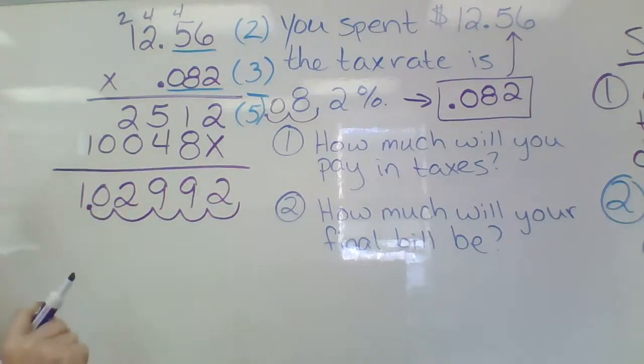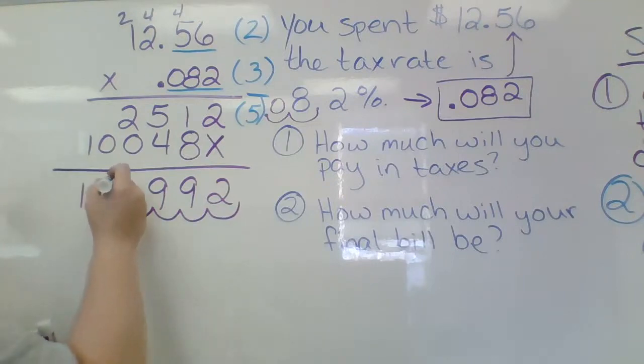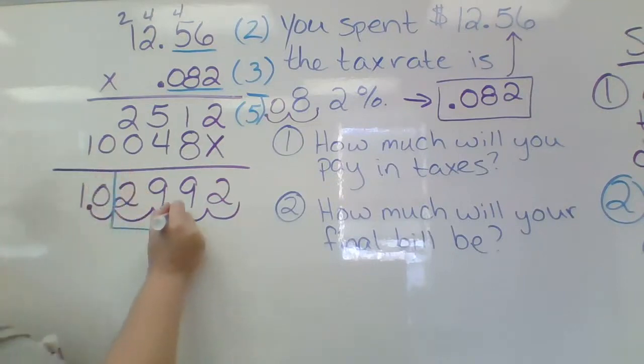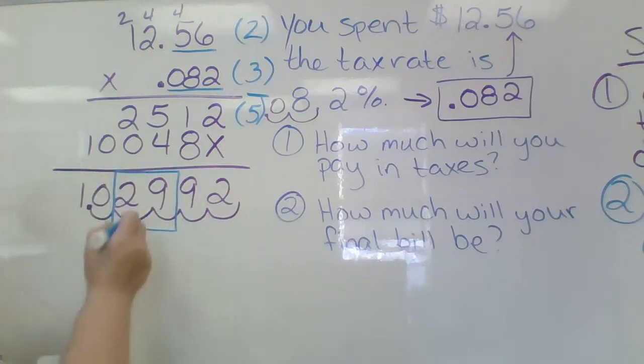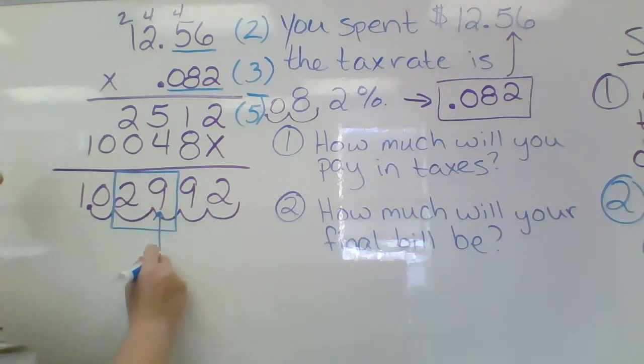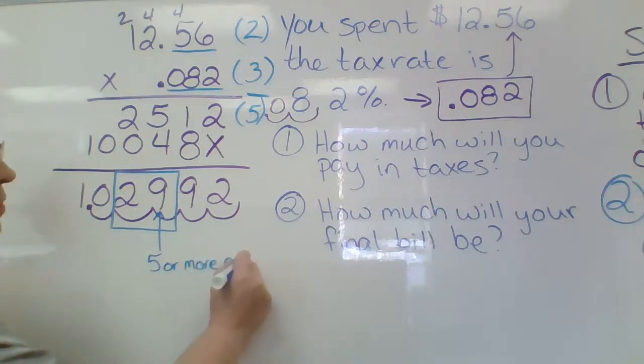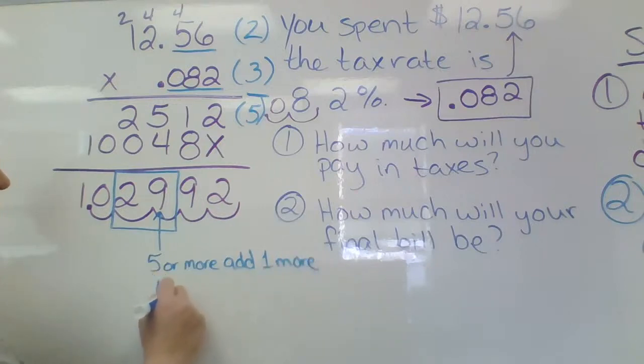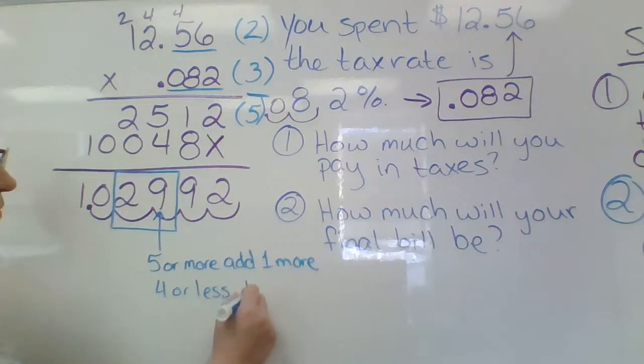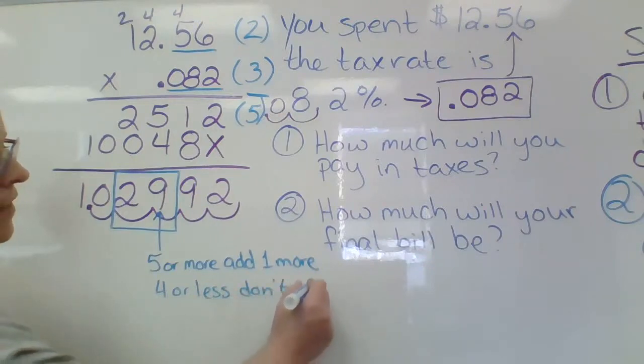Now remember, when you're doing this, you need to round to the nearest cent. So these are the two numbers you're looking at. This is the number that could possibly change. This is the number that's going to make it change. So remember, if this number is 5 or more, add 1 more. 4 or less, don't you mess.